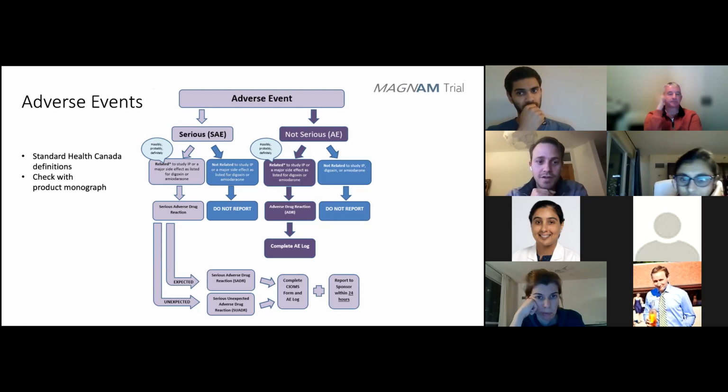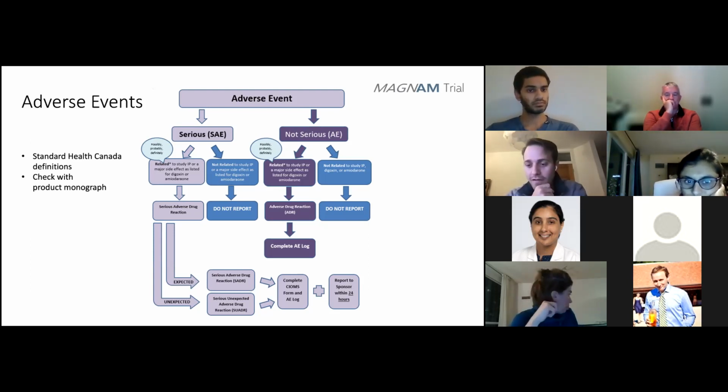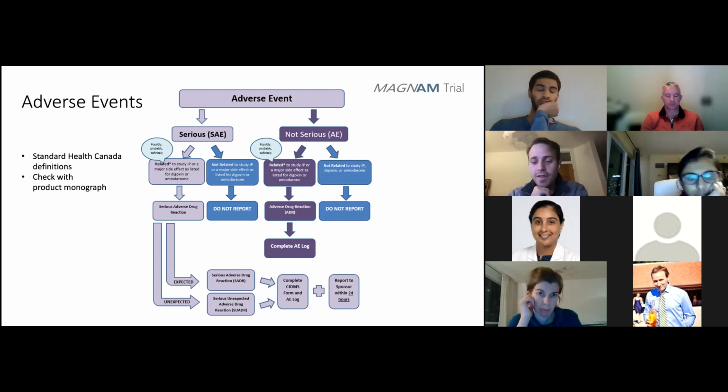If something like that happens, you would double check that it's listed in the product monograph for amiodarone, and then we would flag it as a serious adverse event. Oftentimes people over-report these kinds of things, but it's always important to discuss with the site lead or us if you're not sure whether to record or report something.